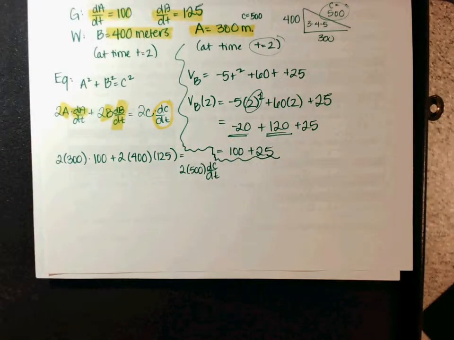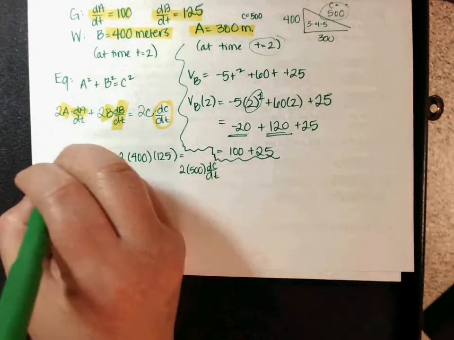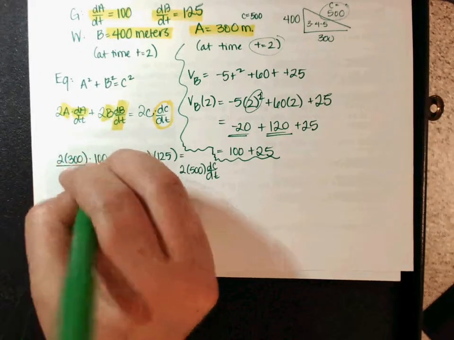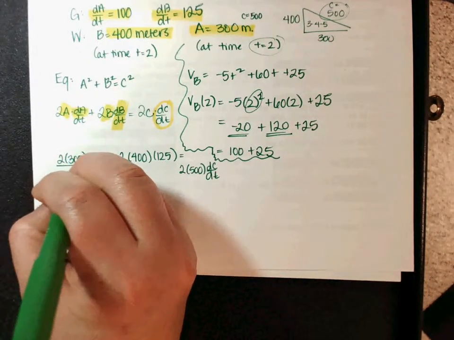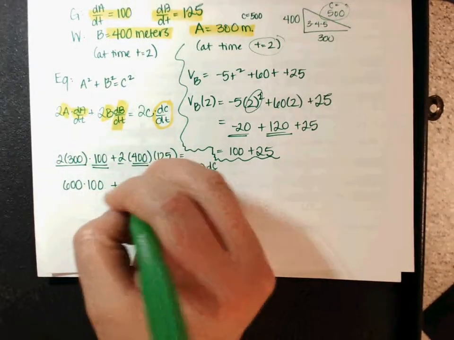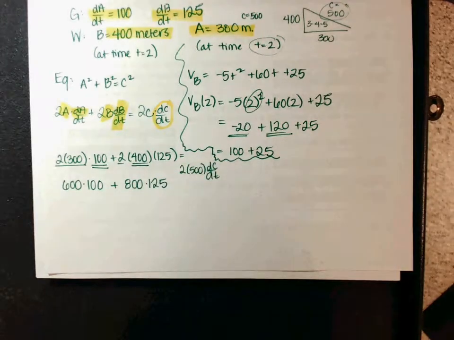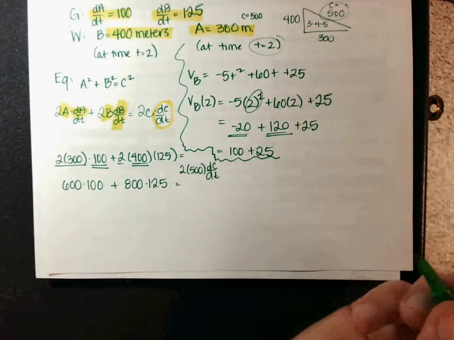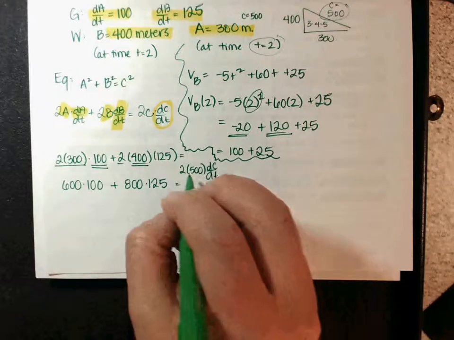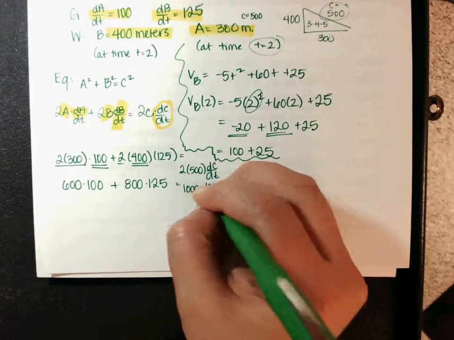Okay, good. So from there, 2 times 300, that's 600. 600 times 100 is, I'm just going to leave it, honestly. I don't even care. Okay, then 2 times 400 is 800. And I am not about to multiply that by 125. Not because I can't, but because, remember, we don't want to waste time. And then this in here is going to be 1,000 dC dt.